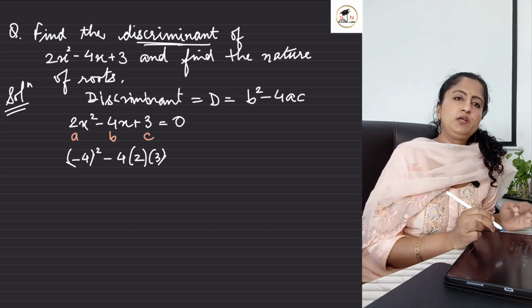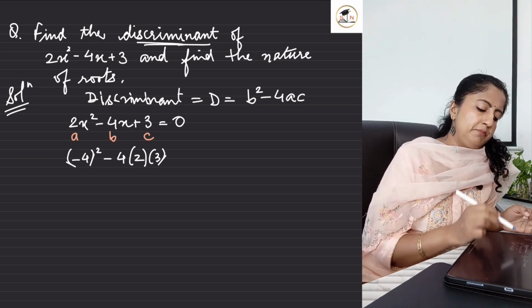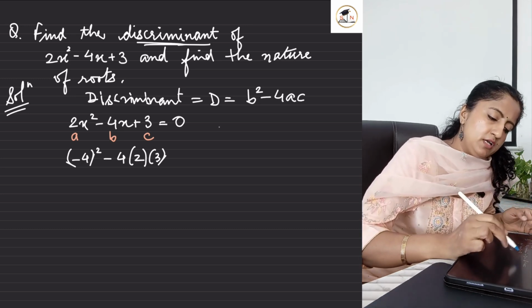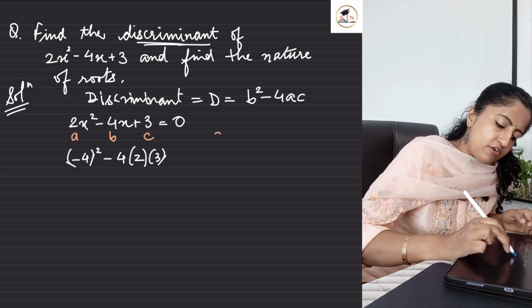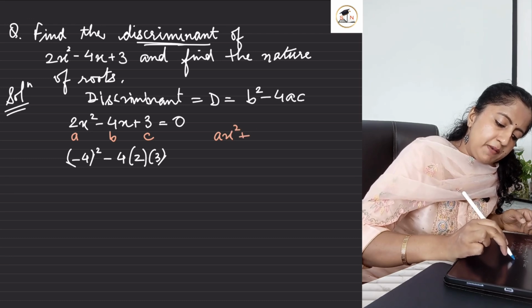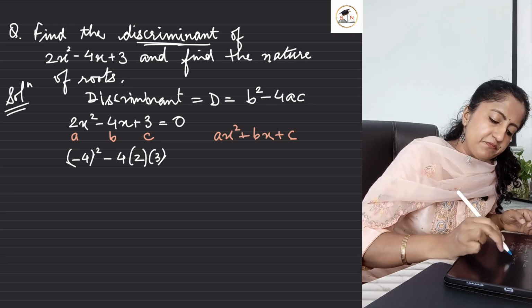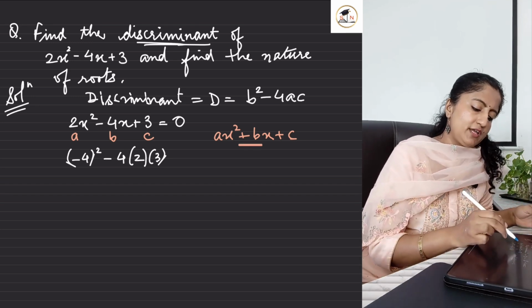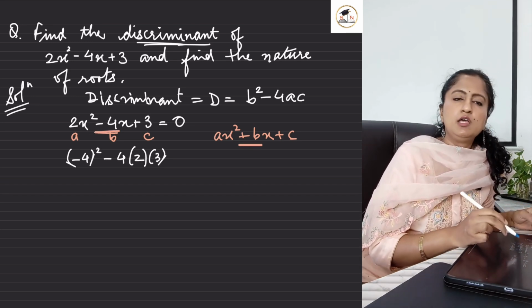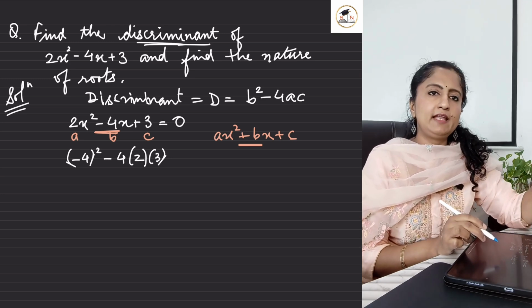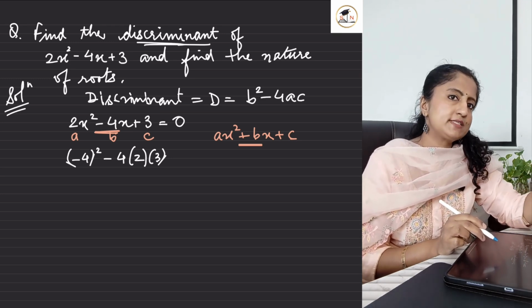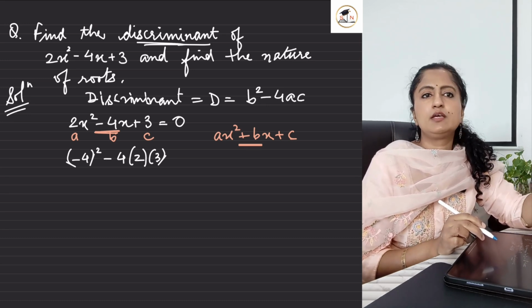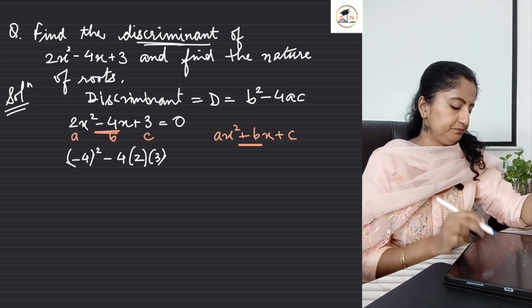One important thing to note over here is that b was not just 4 but negative 4. Remember the standard form: ax square plus bx plus c. It is positive b in the standard form, but over here we have a negative 4. So if your b is negative in the given quadratic equation, always take that negative along while substituting, whether in d or in the quadratic formula.